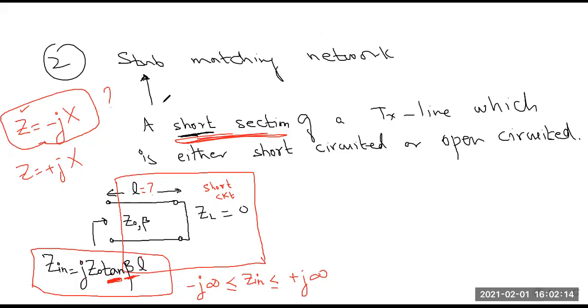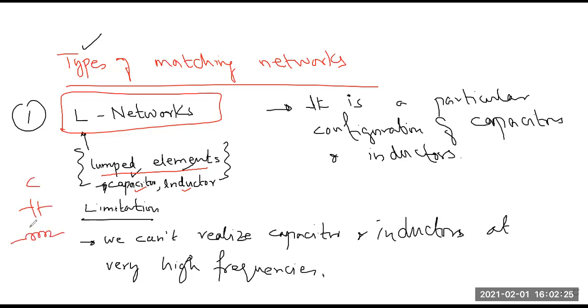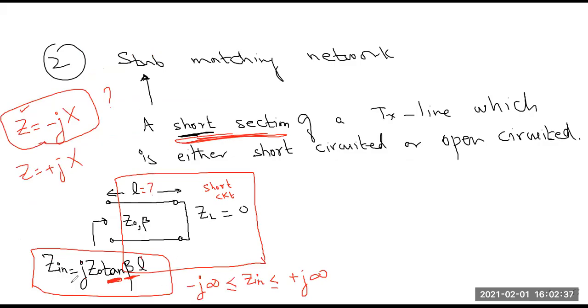In the previous type of L network, we were using lumped element capacitors or inductors, the actual capacitors and inductors that you are familiar with. But I can use a transmission line, and this transmission line can also behave as a capacitor or inductor based on this whole idea.